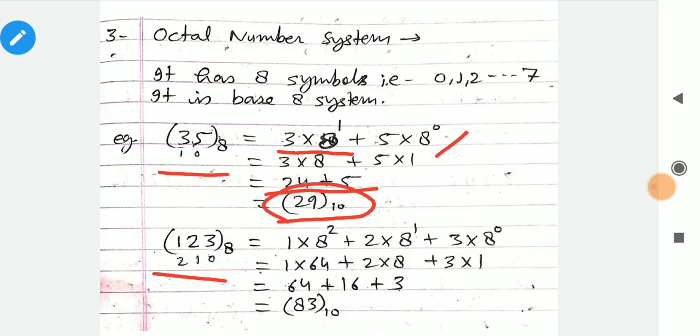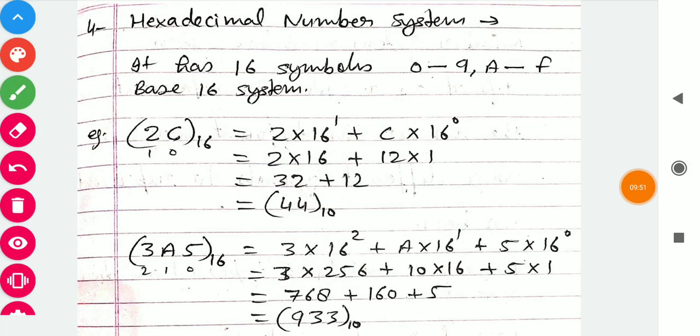Why 1? Because 8 to the power 0 becomes 1. It is equal to 64 plus 16 plus 3, and it becomes 83. After solving it, you can find the result is 83. 83 is a decimal number, which means we have converted the octal number 123 into a decimal number and it comes to 83.